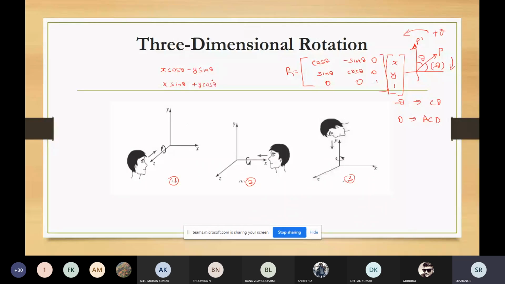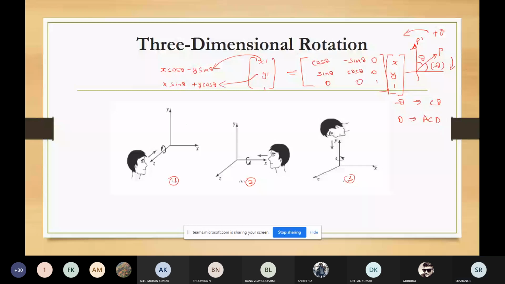So this is my x dash and y dash, my 2D rotation. This is the matrix form. After multiplication, x dash is equal to x cos theta minus y sin theta, and y dash is equal to x sin theta plus y cos theta.